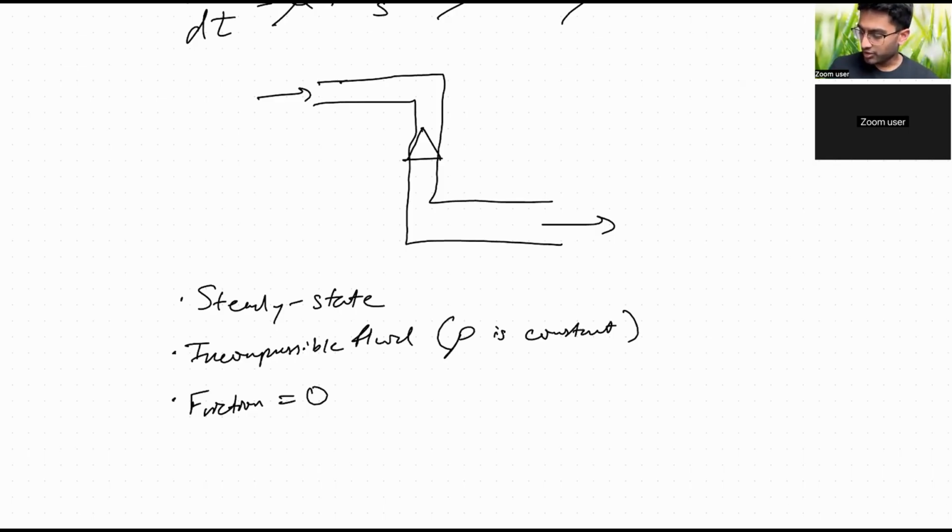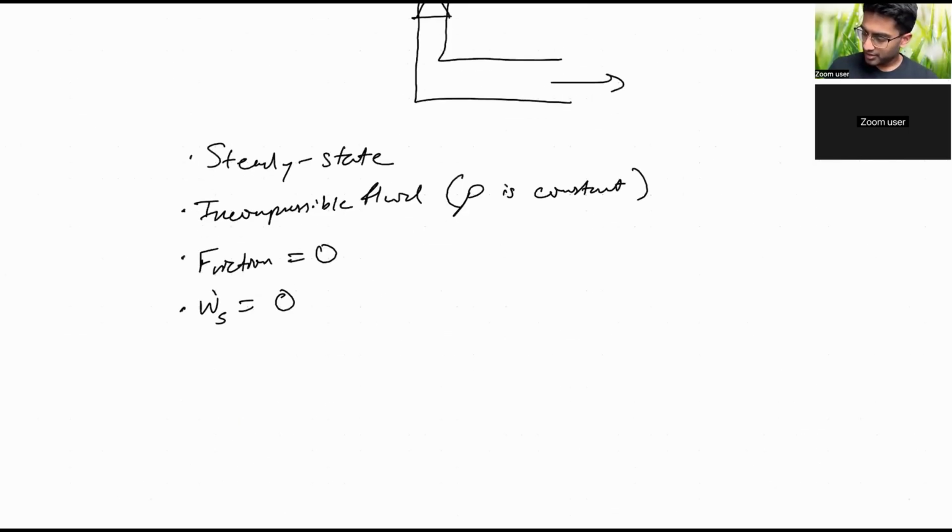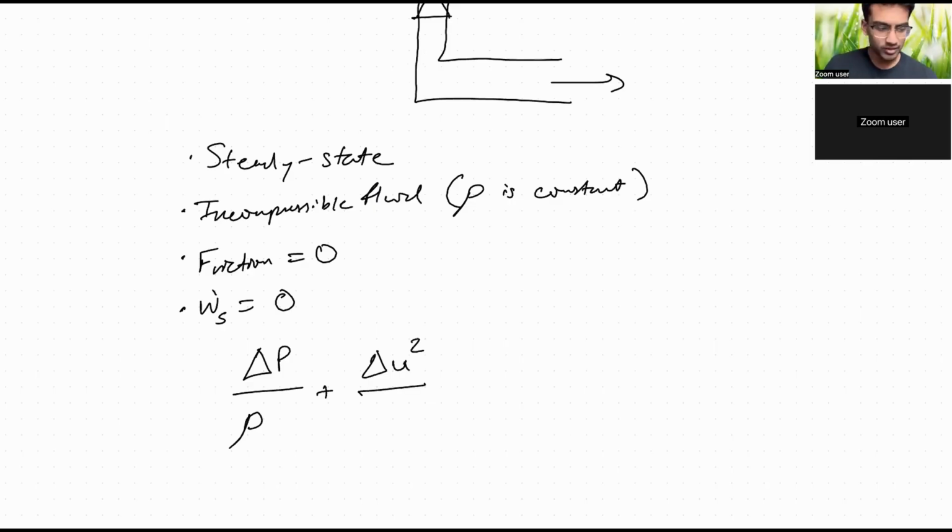We have no shaft work. So kind of like the example that you see in this pipe right here, right? What we end up getting is the mechanical energy balance known as the Bernoulli equation.